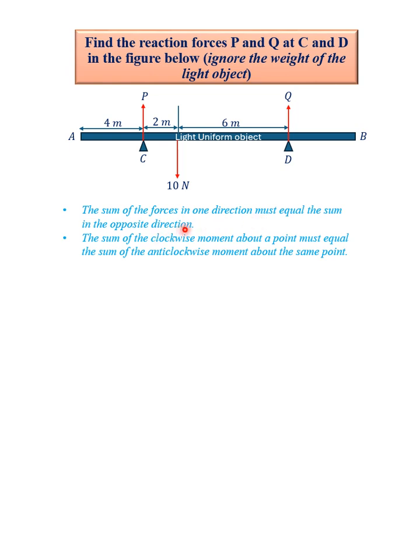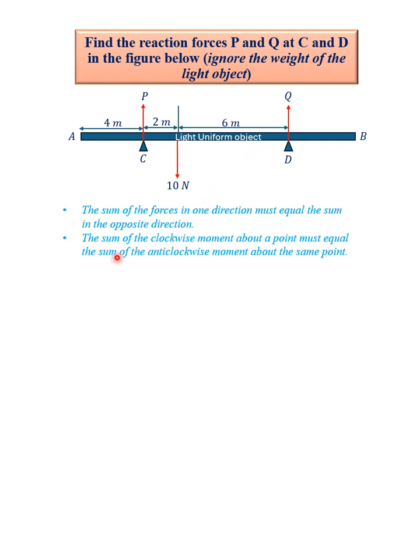In other words, forces to the left must be equal to forces to the right. In this case, we only have forces in the upward direction and a force downward. It therefore means that upward forces must be equal to downward forces. That is one condition for this light object to be in equilibrium.